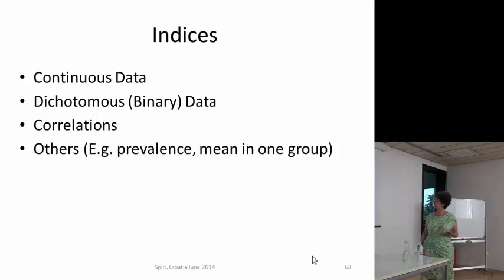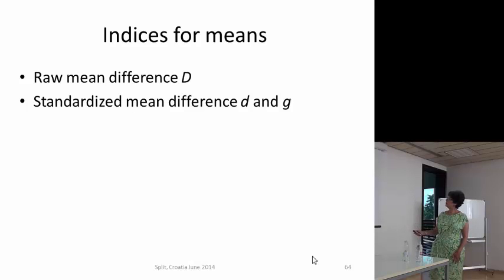But we also use things like prevalence, and we saw prevalence in the PTSD study, or we could look at means in a single group and how that might be useful.